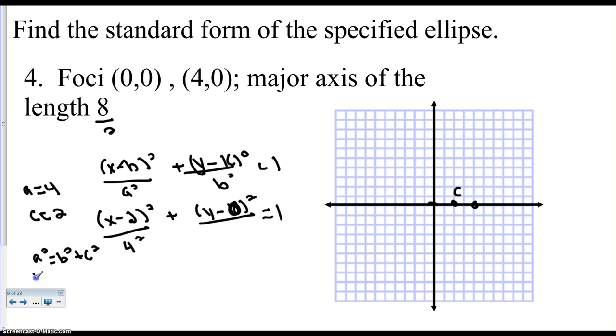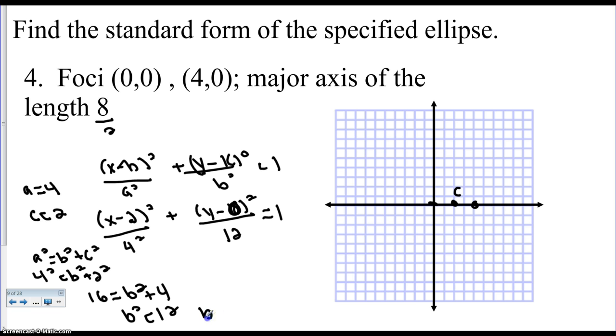So it's going to be 4 squared equals b squared plus 2 squared. So in this case, it's going to be 16 equals b squared plus 4. So b squared actually turns out to be 12. So this is going to be 12.